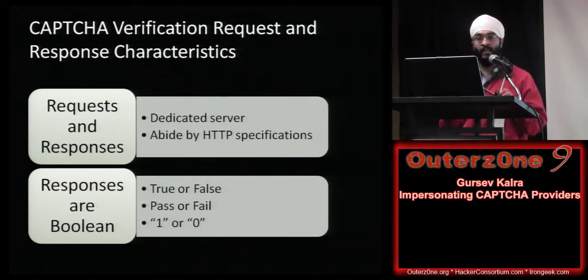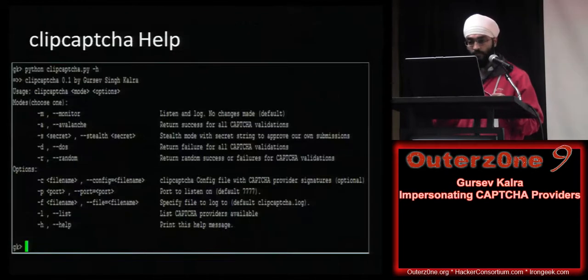It is not going to be the content of an email, for example. There is no human interpreting it. So if there is no human interpreting it, there is no way for the machine to figure out whether the party on the other side is a machine or a human. That is the primary trust here, and that's what Elipcapcha exploits.